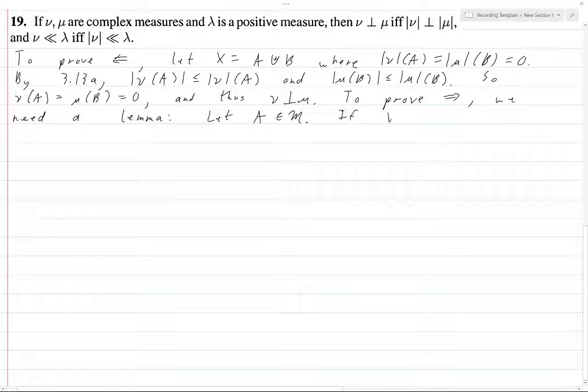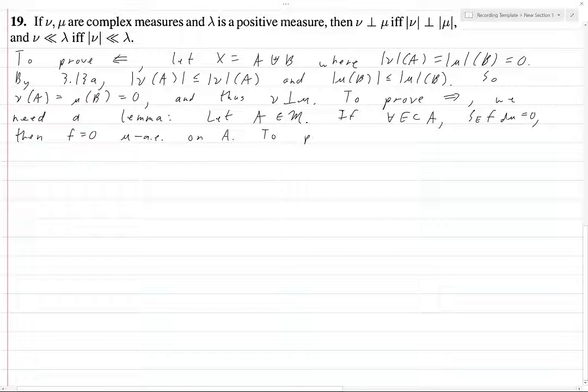So if for all E subset of A, the integral over E of f d mu equals 0, then f equals 0 mu almost everywhere on A. And this is where f is just some complex valued and obviously measurable function.